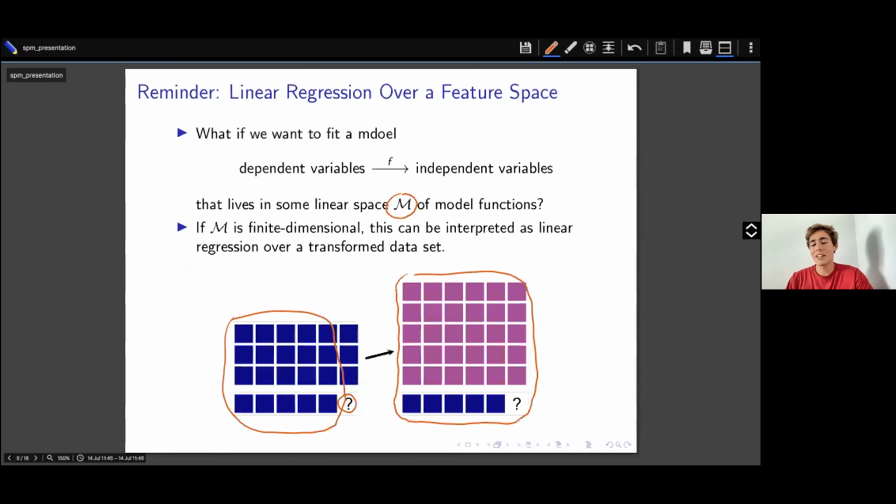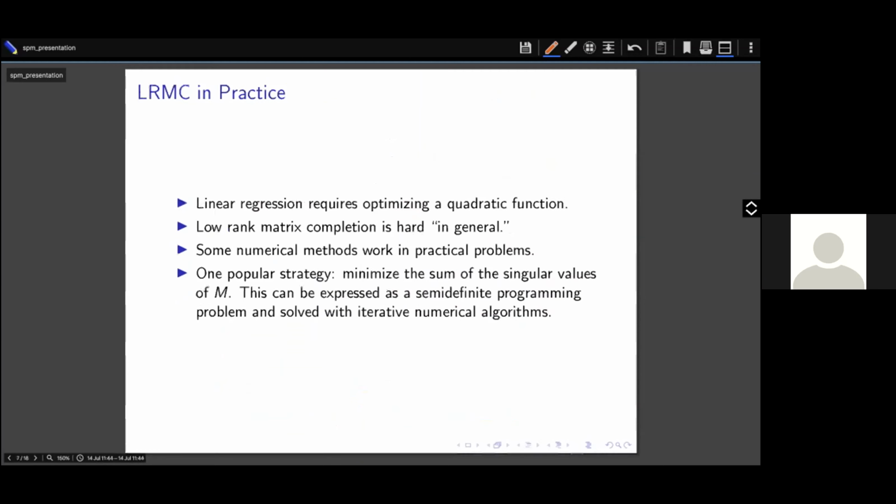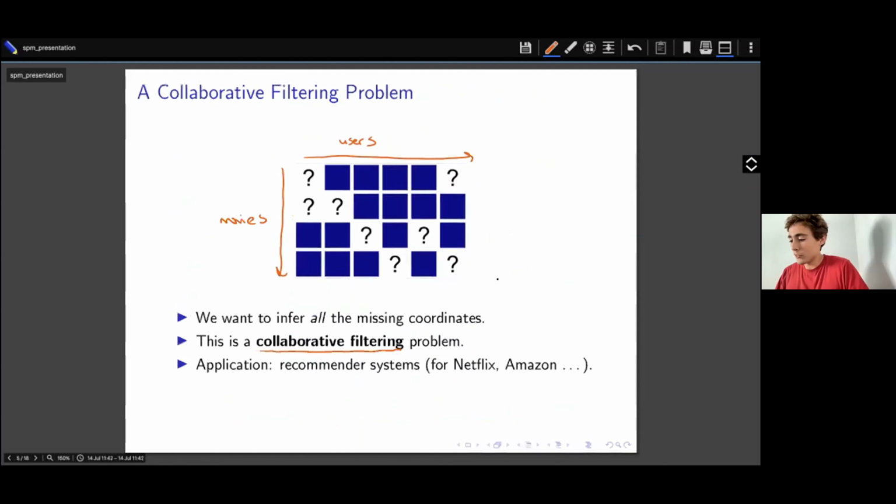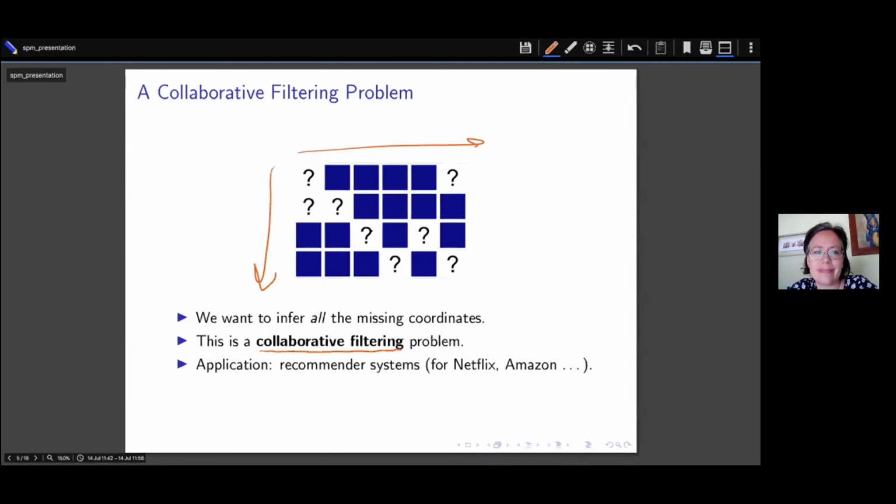From a very general standpoint, the problem of improving the resolution of images is a collaborative filtering problem, right? You have images, here are the pixels, and you have lots and lots of images and lots and lots of pixels.